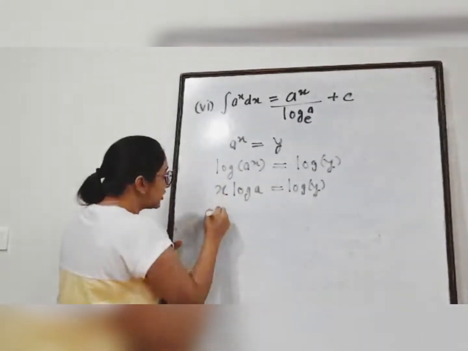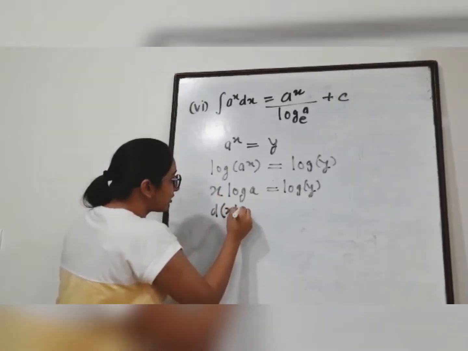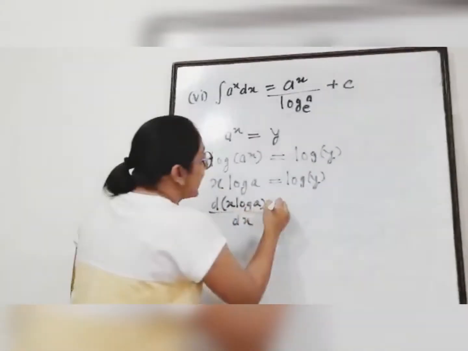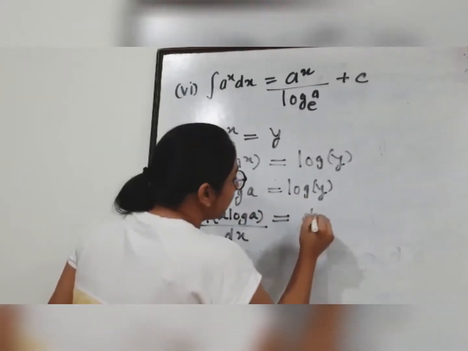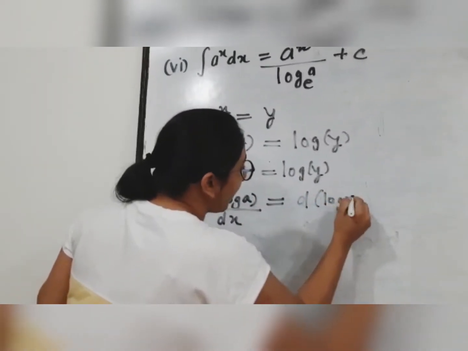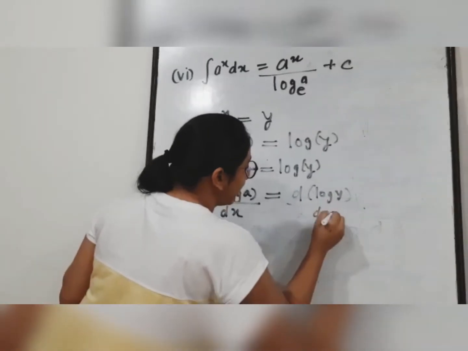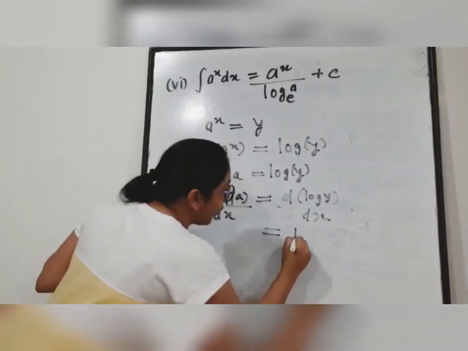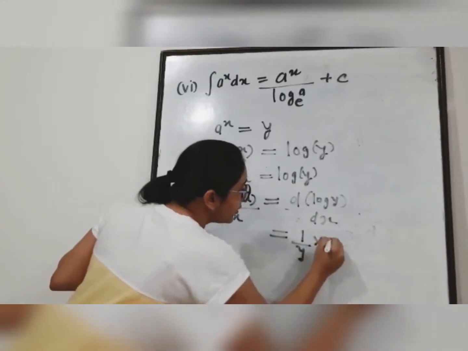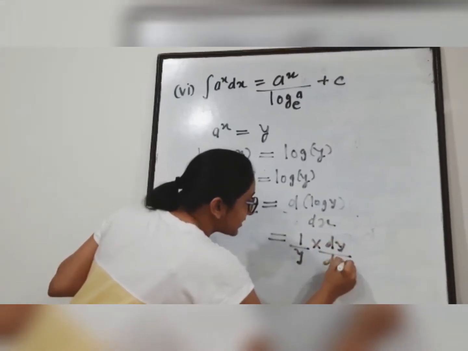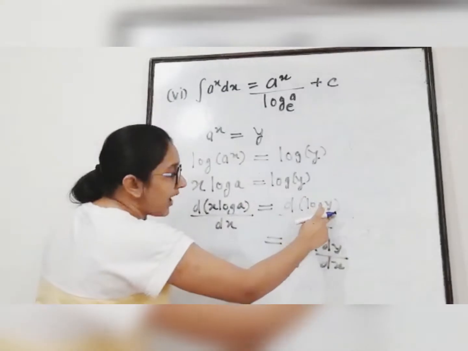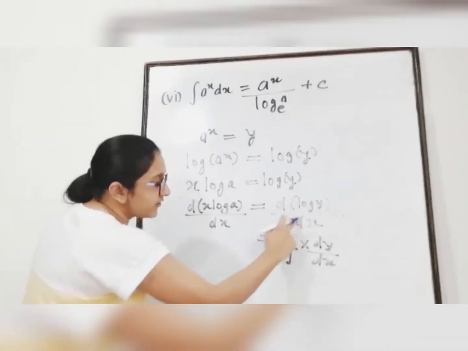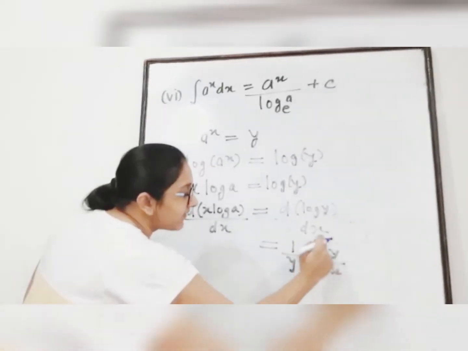Differentiating the right side, d log y divided by dx will be 1 by y into dy by dx, because this is in the y variable but we are differentiating with respect to x, so we differentiate and then multiply by dy by dx.